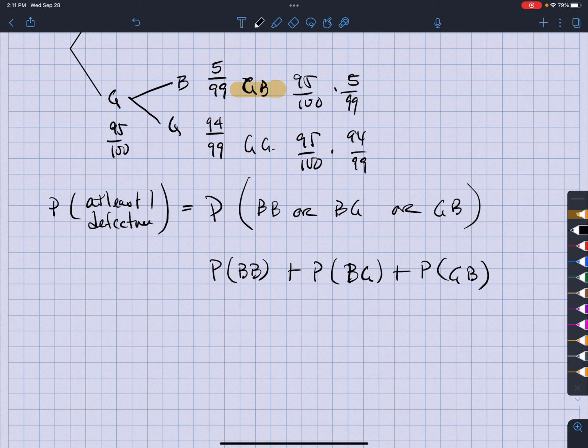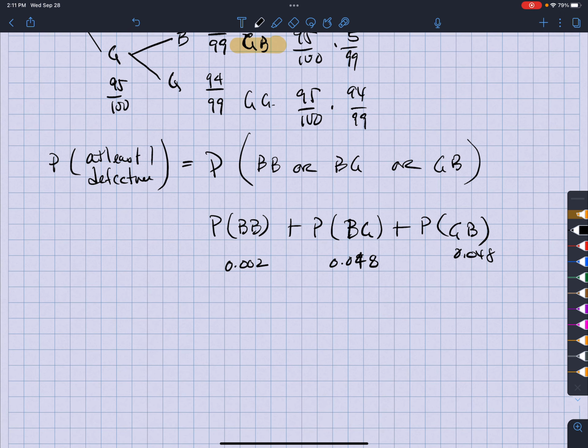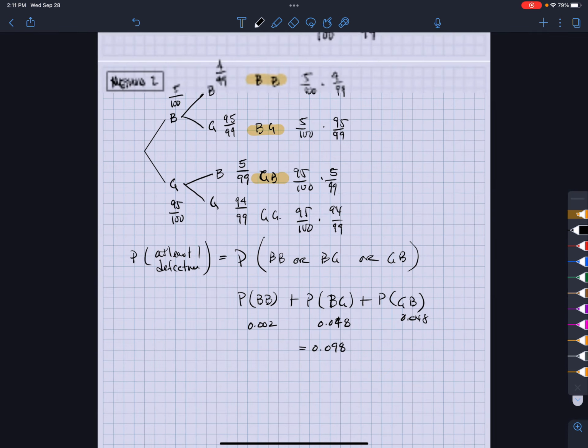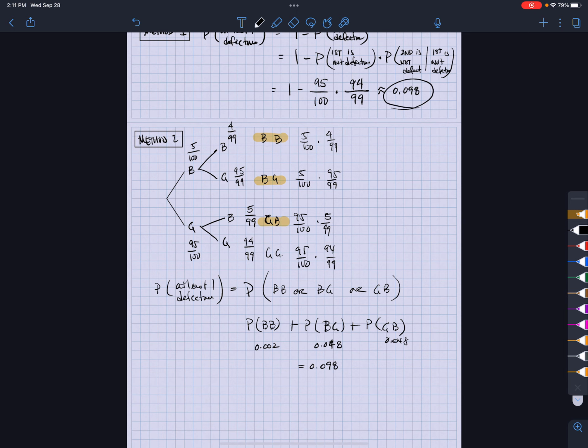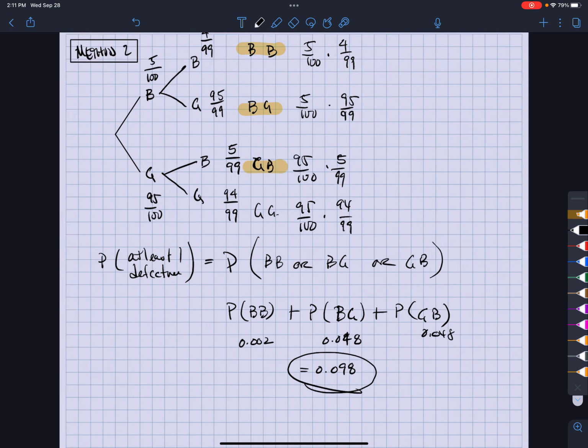So what will happen is that these will come out to be 0.002, 0.048, and 0.048, which will give you a total of 0.098. So if you look at that, it looks really familiar right here versus right here, right?